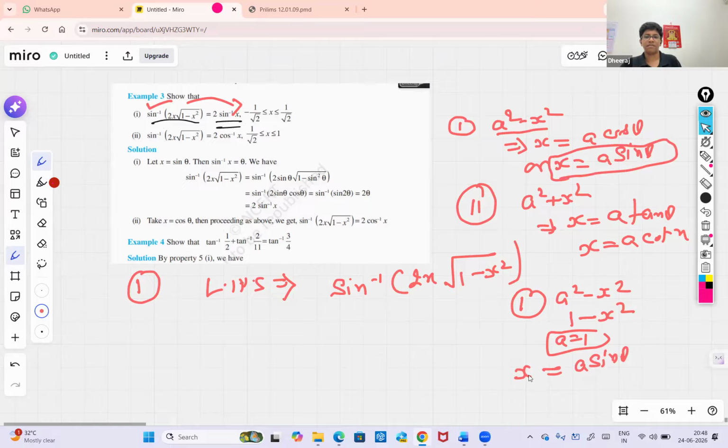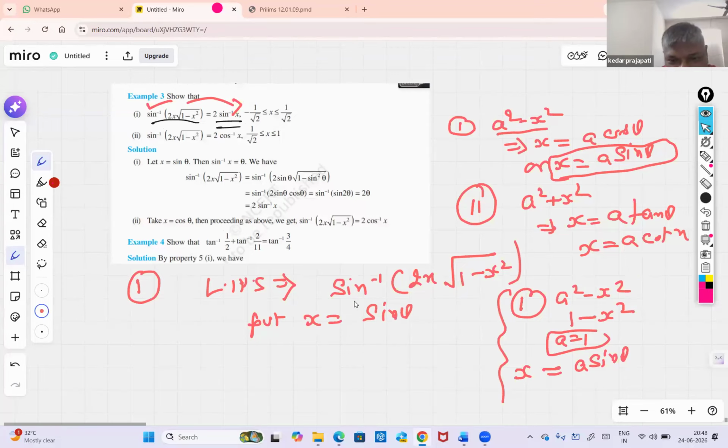Now a is 1, so our formula will be: put x equal to sin theta. Why am I taking sin theta?